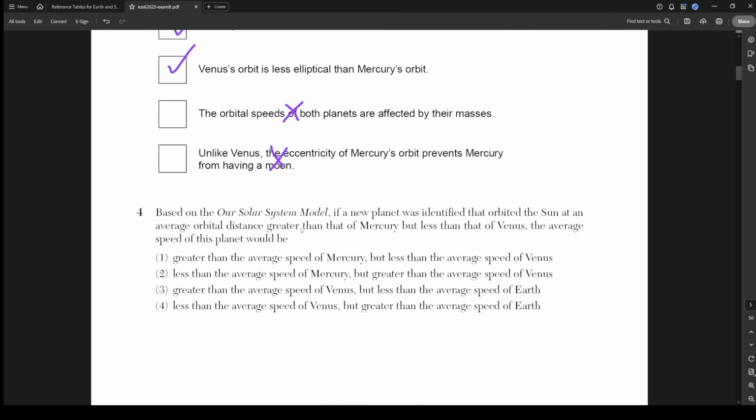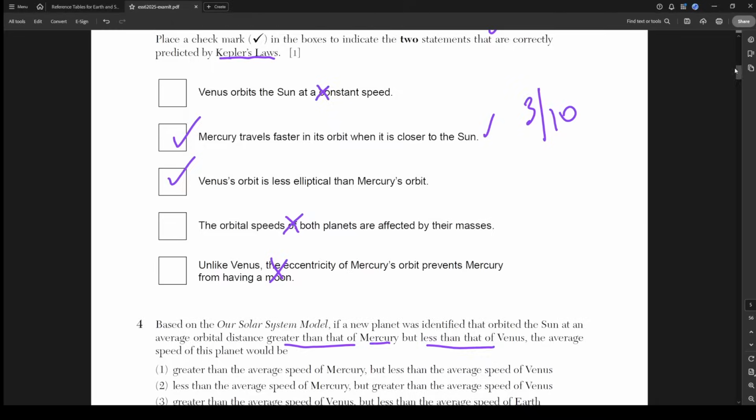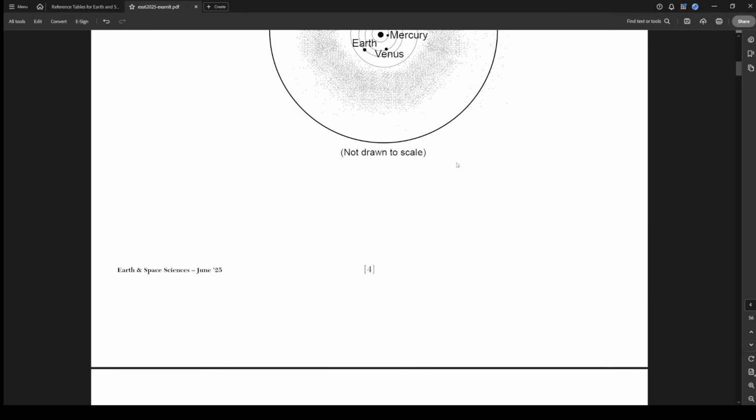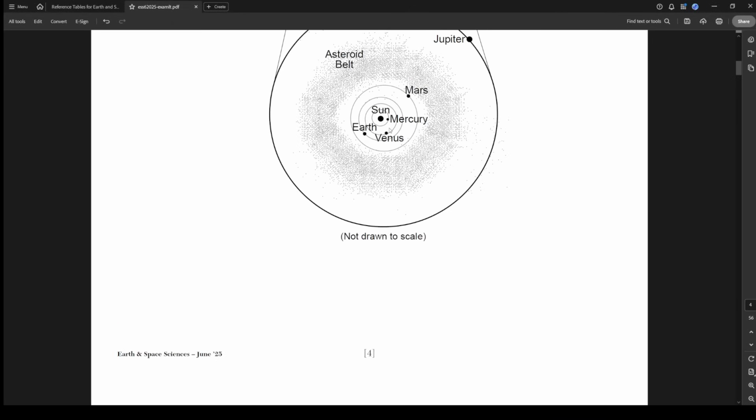Based on our solar system model, if a new planet was identified that orbited the sun at an average distance greater than Mercury but less than Venus, so we're between, so we're there.